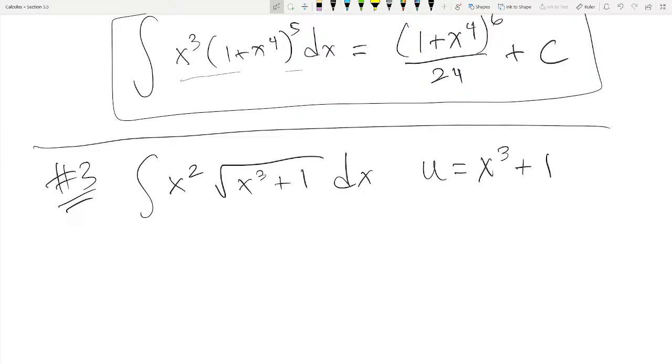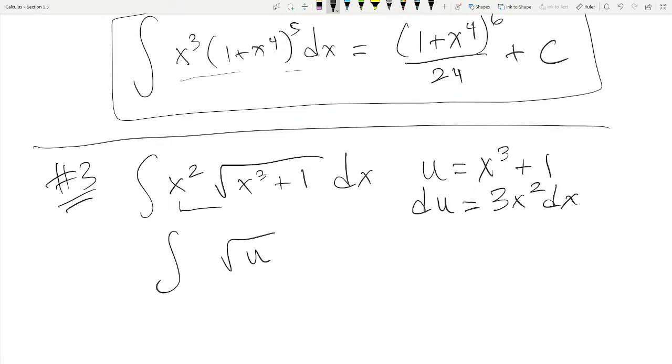Okay, let's follow their suggestion. We select u to be x cubed plus 1. The first thing we do is take the derivative, du, and on this side we get 3x squared dx. Now we're going to convert everything in this integral to something with u's. Okay, the square root part is going to be square root of u, and then I still have to account for the x squared dx, and that can be found by solving for x squared dx over here, and I get 1/3 du for that.